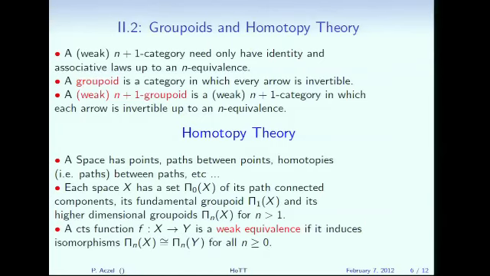In homotopy type theory, there is an important notion of weak equivalence, motivated by a notion of weak equivalence in homotopy theory, which says that a continuous function from one space to another is a weak equivalence if it induces isomorphisms on all the higher dimensional groupoids. So I'm just mentioning that here.